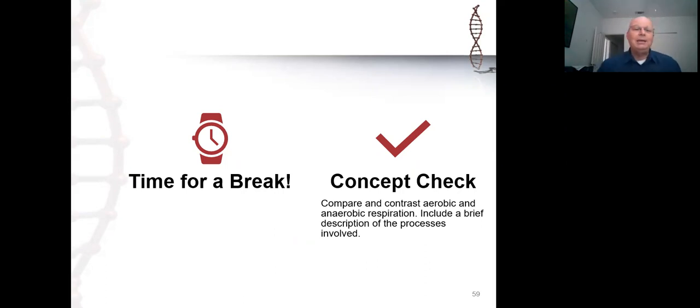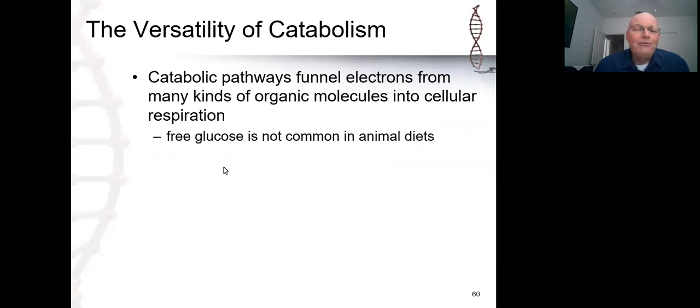But that, again, allows for the buildup of a hydrogen ion gradient that can drive the synthesis of ATP. So those are the sorts of things you ought to be thinking about in terms of this particular concept check question.